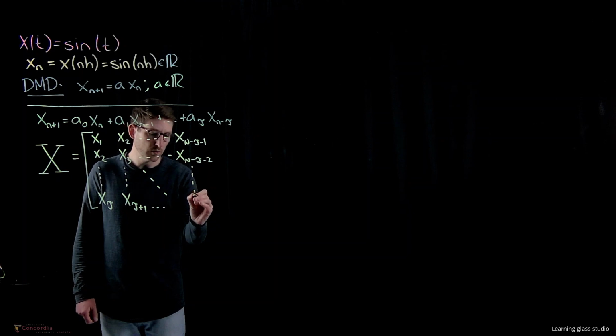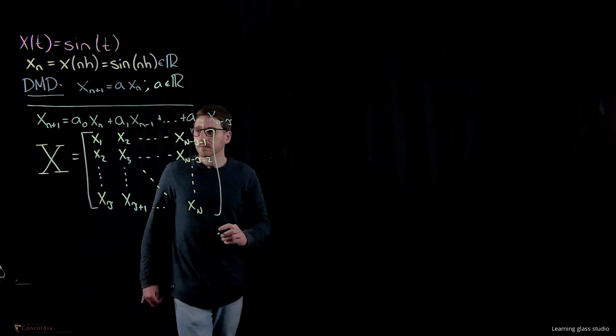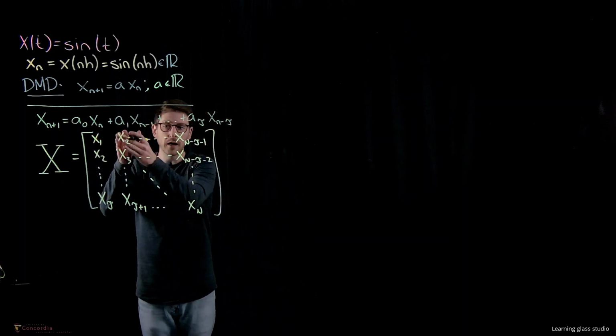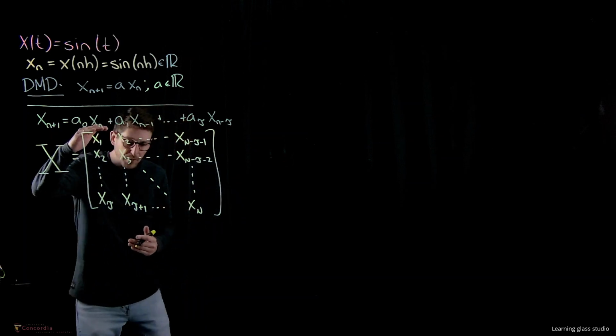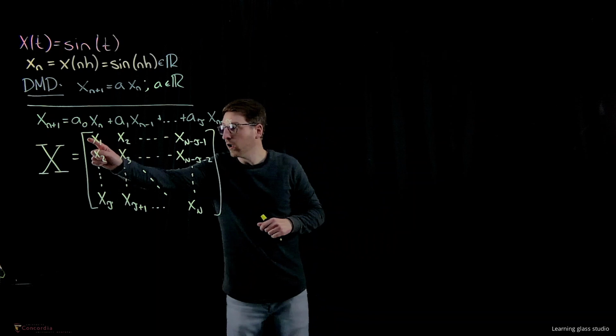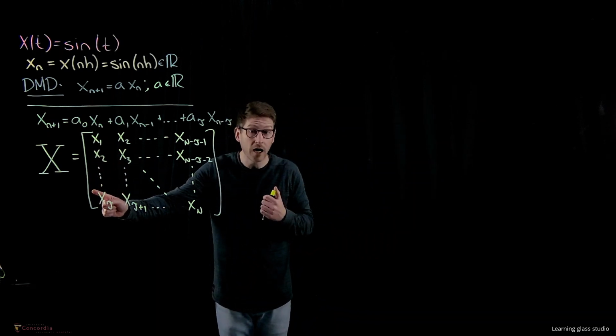And then all the way up to x capital N. Okay? So in this case, just like the original DMD setup, you have time going across the columns, but now your space, quote unquote, is all a bunch of history of the system as well in time.